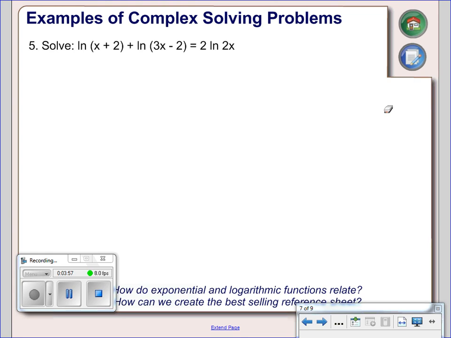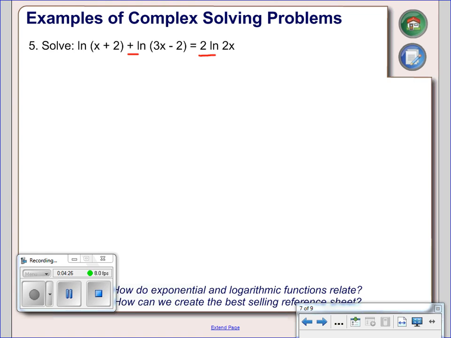So automatically when I see problems like this, I notice the plus sign and a multiplying piece. Those are alarming things to me that let me know I've got the quotient, product, or power property happening. Well, the product property says if 2 things are being added, then you can take their arguments and multiply them inside the same logarithm.